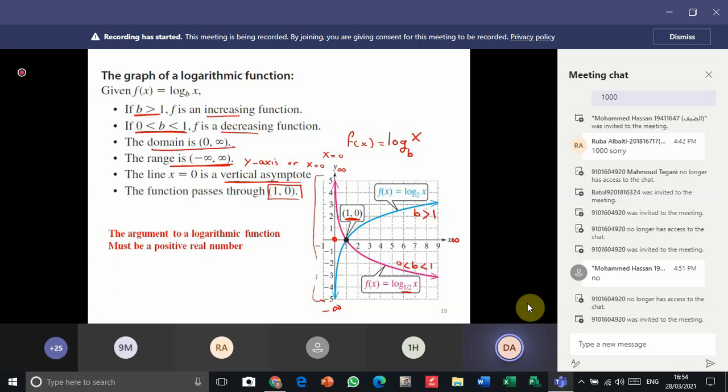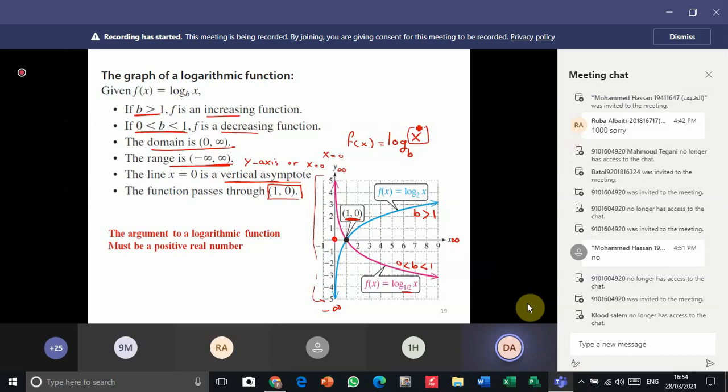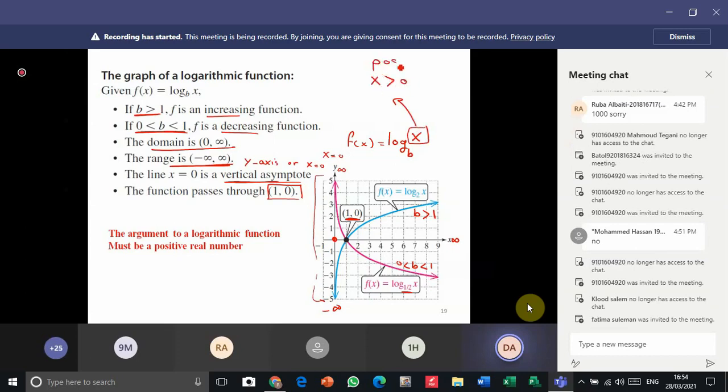Inside the logarithm, x must be positive, greater than 0. It cannot be negative or 0. It must be positive inside the logarithm.